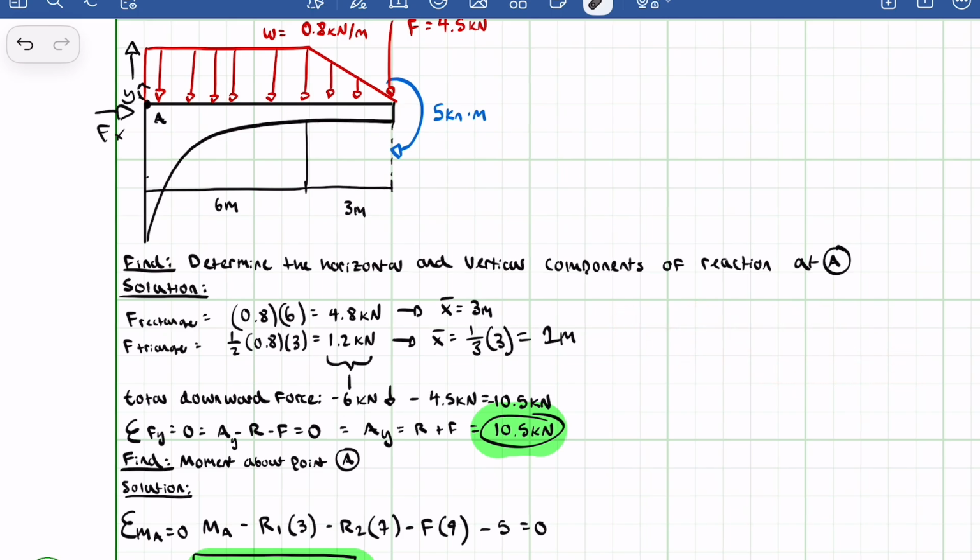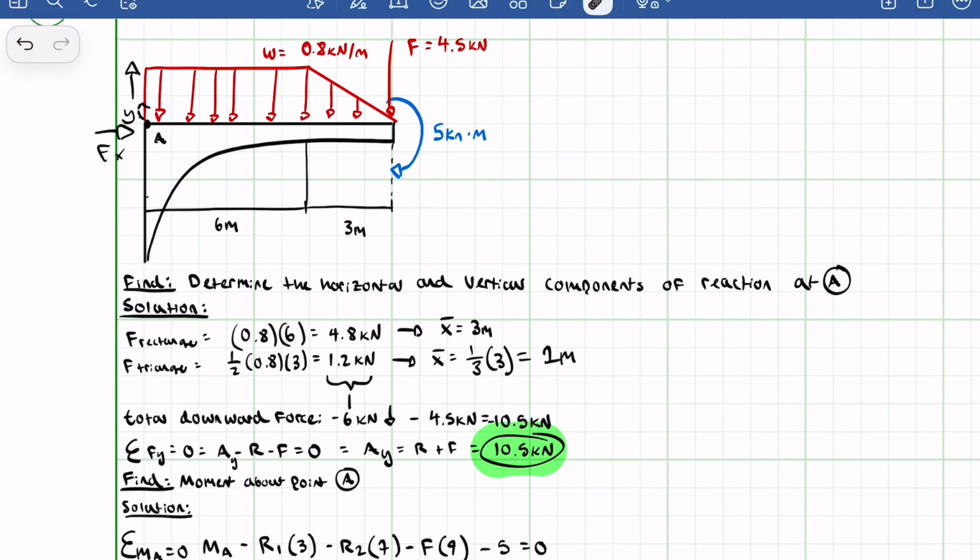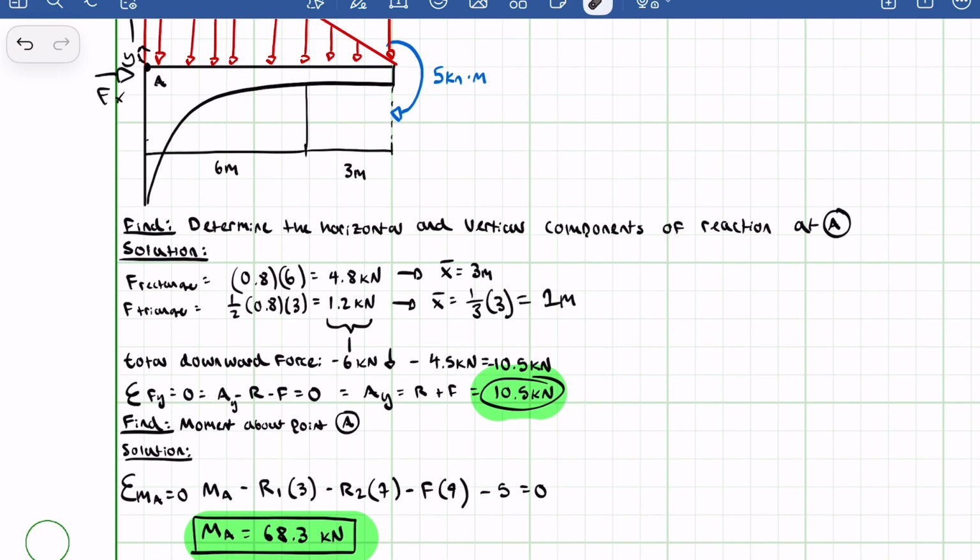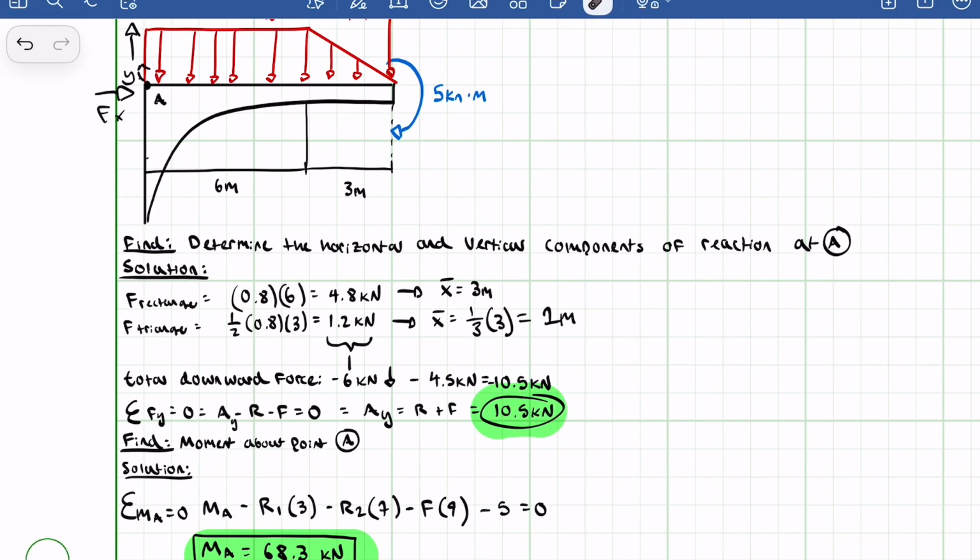So that's going to be these guys, and F is given to us by this force that's been applied, is equal to 0. I don't know why I put equal to 0 again. Anyways, move that AY to the other side, flip the sign on everything, and you're given AY is equal to R plus F.